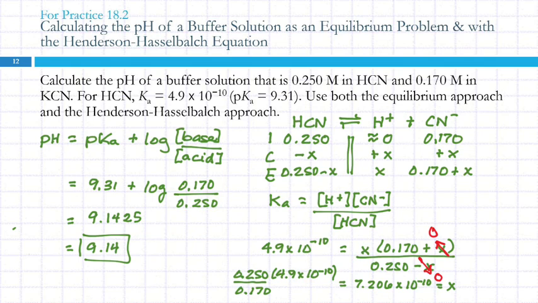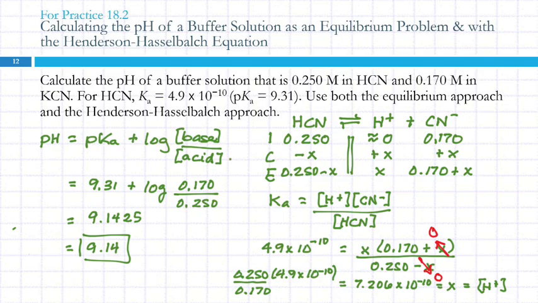No. I'll just do it for fun. It is 4 times 10 to the minus 7%. Yeah, that's small. So here's our x, which is our H plus.